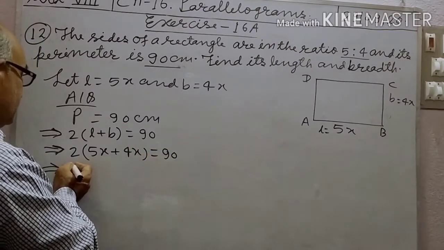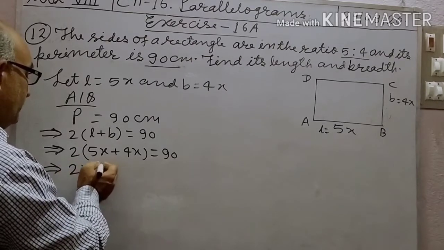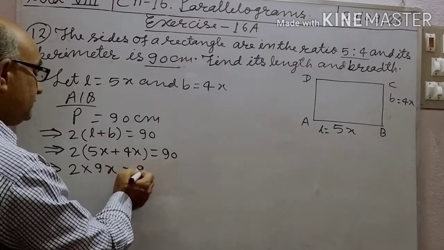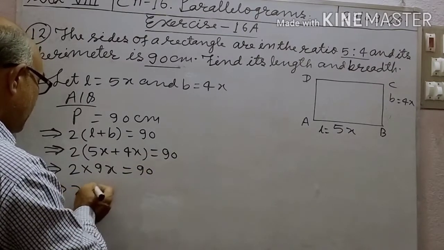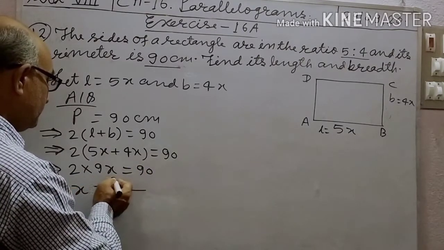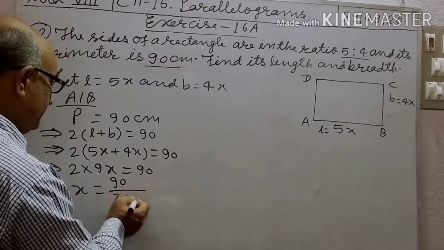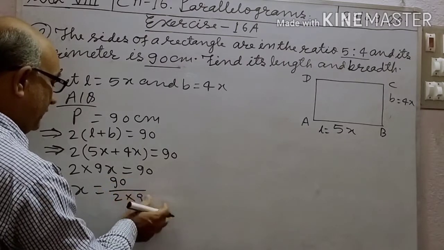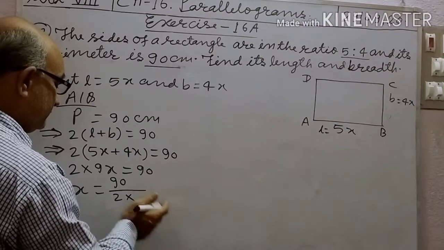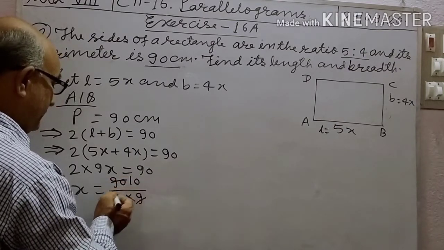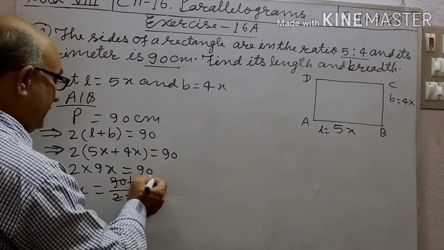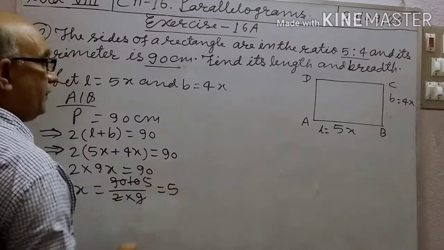That implies 2 into 9x equals 90, so x equals 90 by 2 into 9. 9 tens are 90 and 2 fives are 10, so x equals 5.